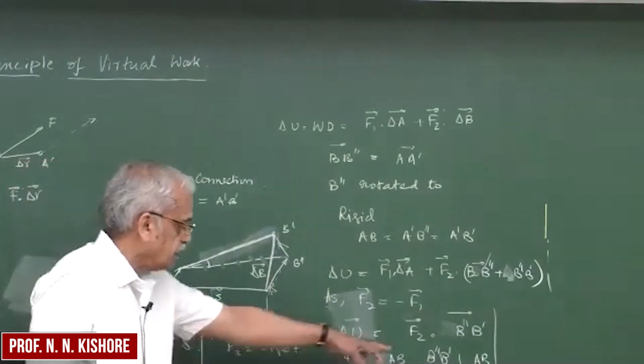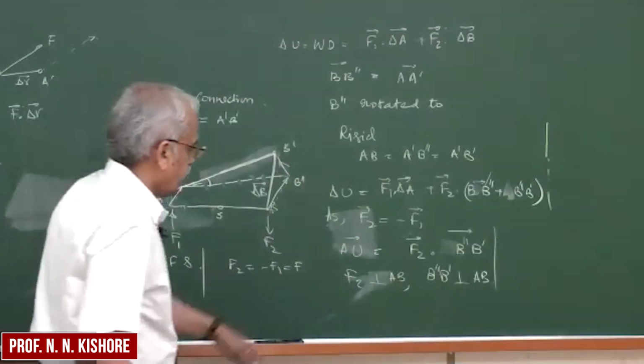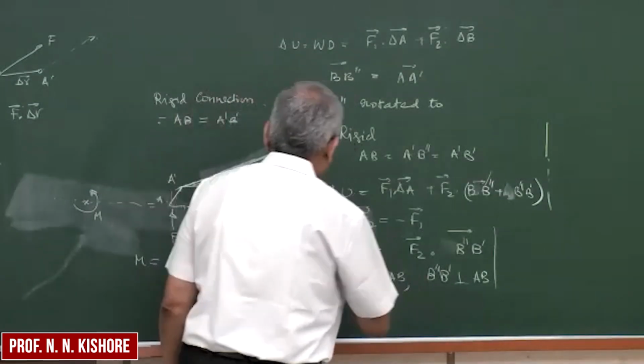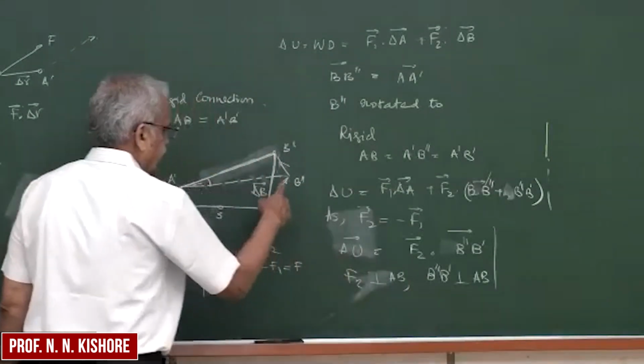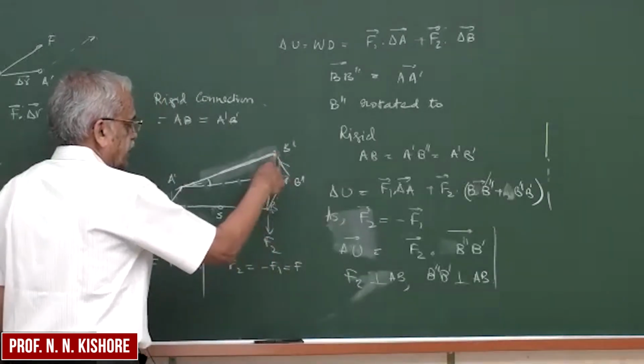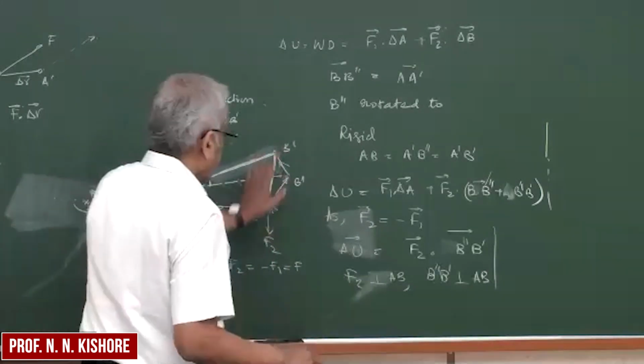So we can write that it is simply F multiplied by the chord length here.